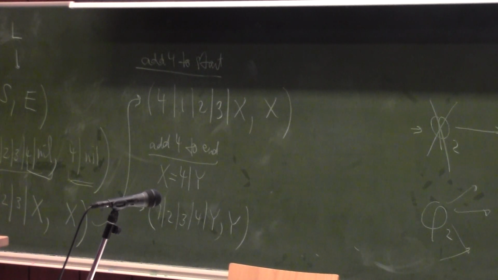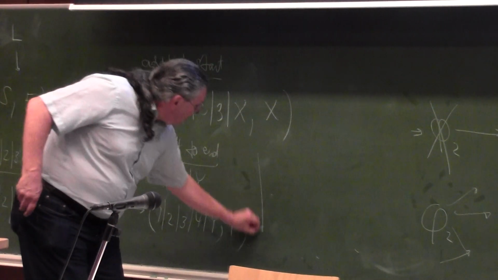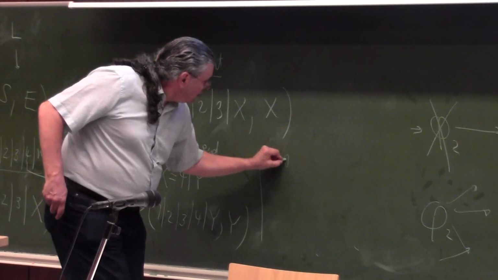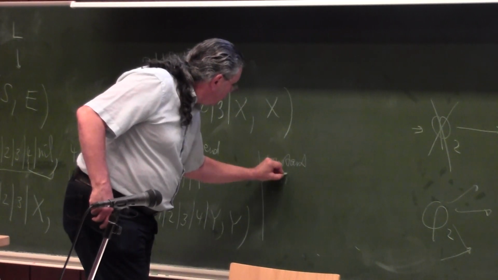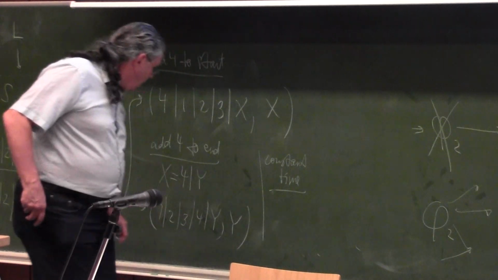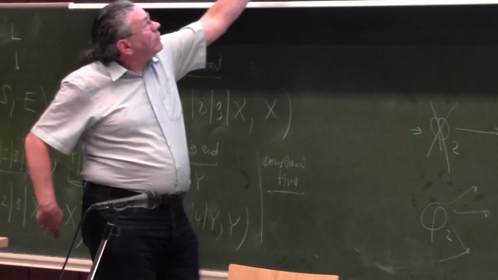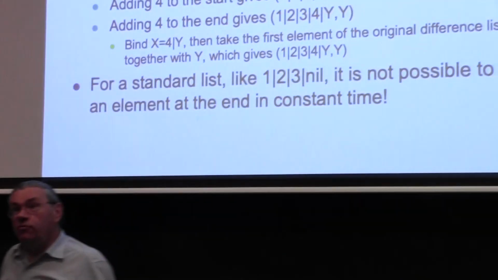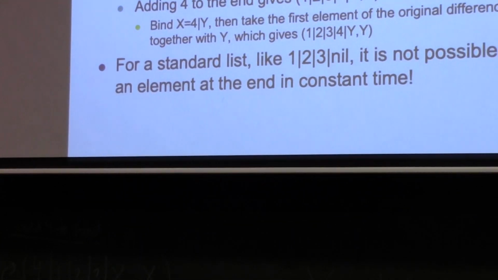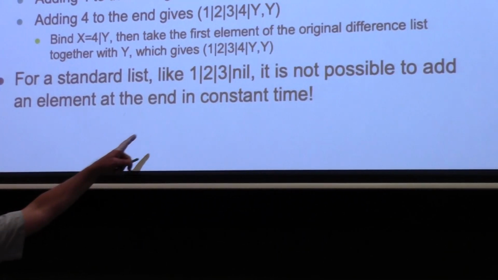This is a constant time operation. It's only one binding. I can add an element to the end in one binding, and it's still declarative. That's kind of neat. And if you have a regular list like 1, 2, 3, 0, you can't do that. What if I want to add 4 at the end here?